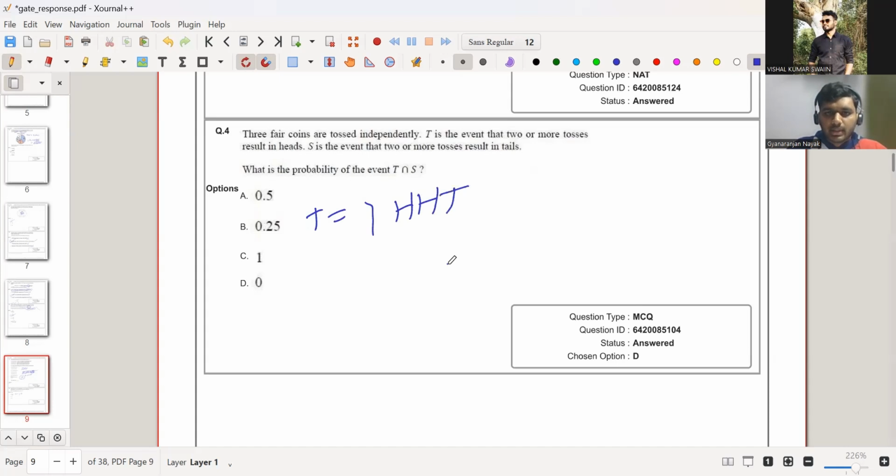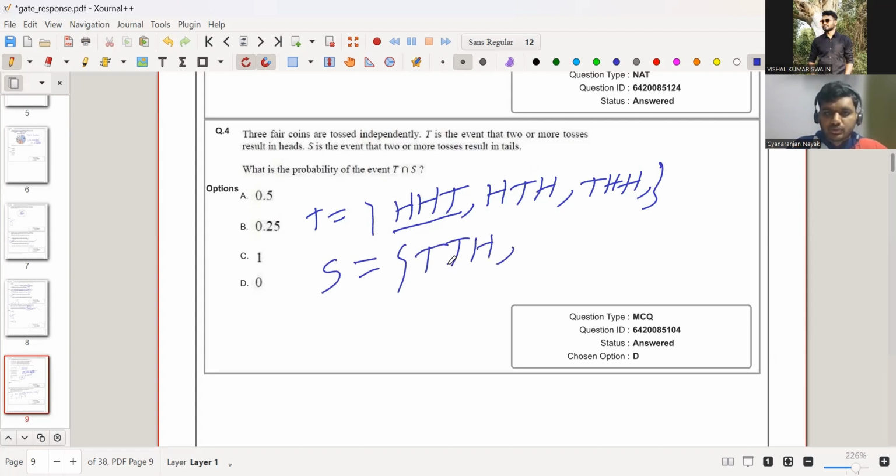So our expected outcomes are head, head, tail; then head, tail, head; and then tail, head, head. Okay. So for S, the event that two or more tosses result in tail, in S two tails are compulsory. So tail, head, tail; tail, tail, head; and head, tail, tail.